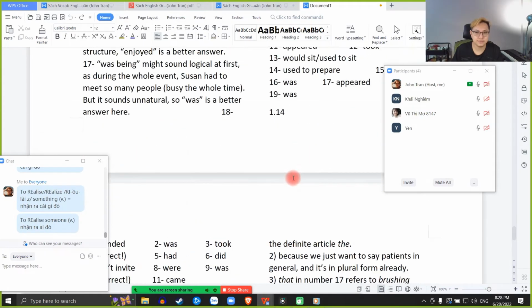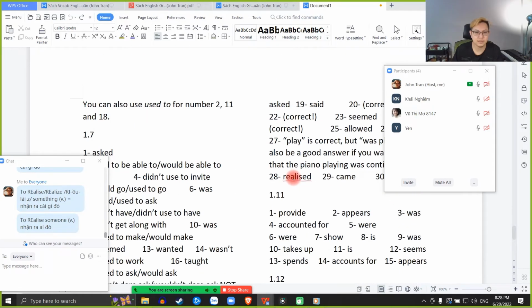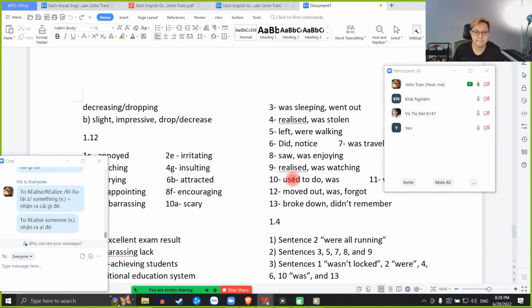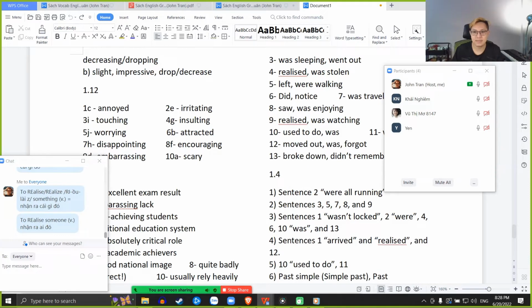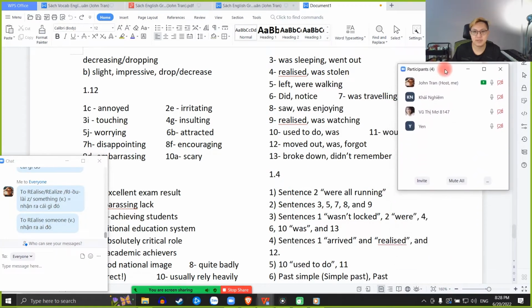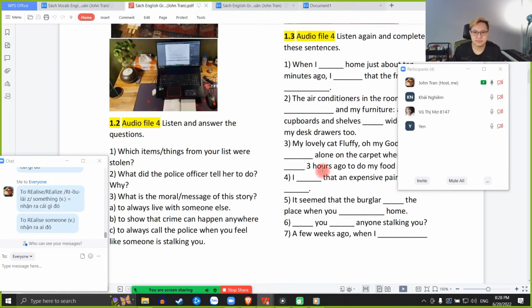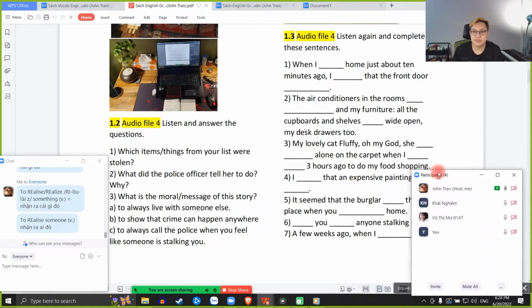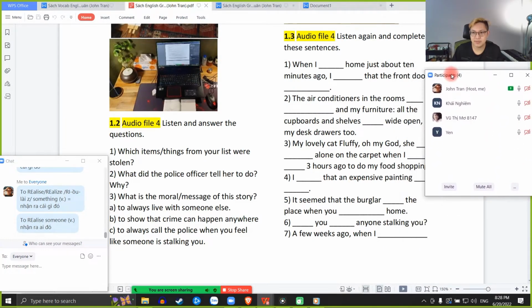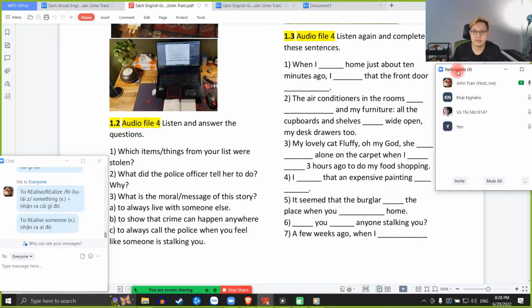No, it's this one. Okay, so I realized was stolen. Tôi nhận ra rằng một cái expensive paintings, một cái bức mà tranh vẽ mà mắc tiền, nó đã bị đánh cắp. Number 5. It seemed that the burglar.